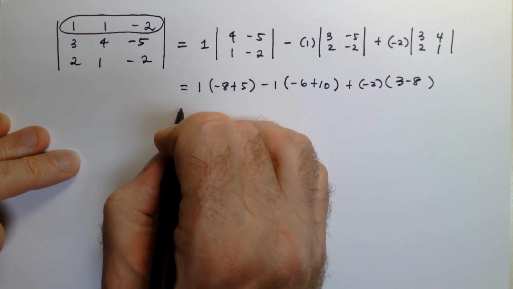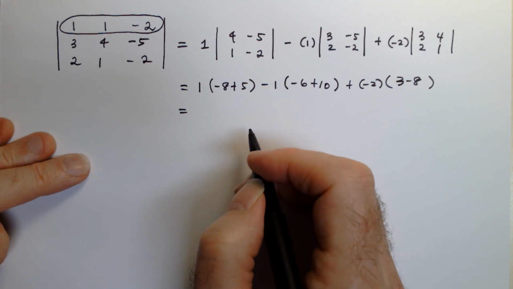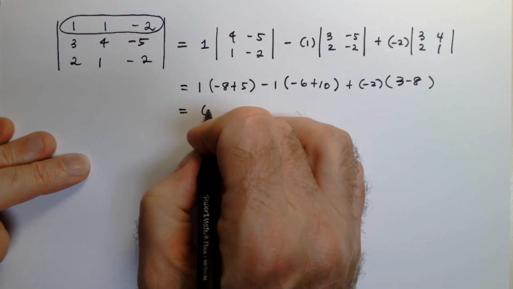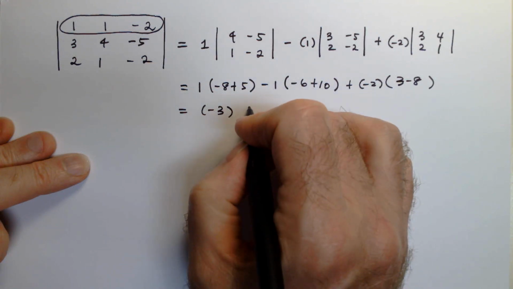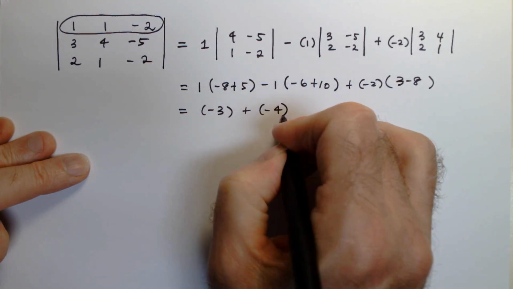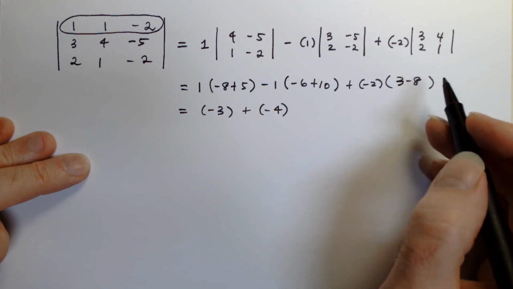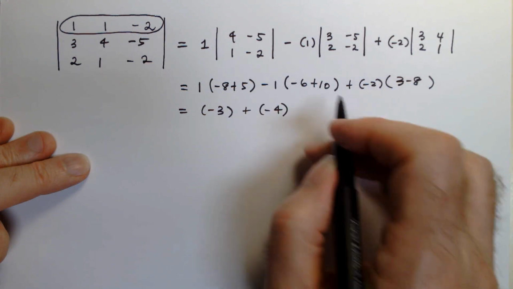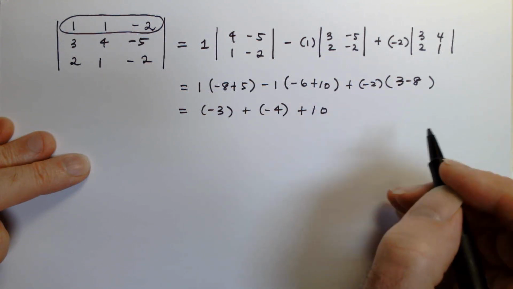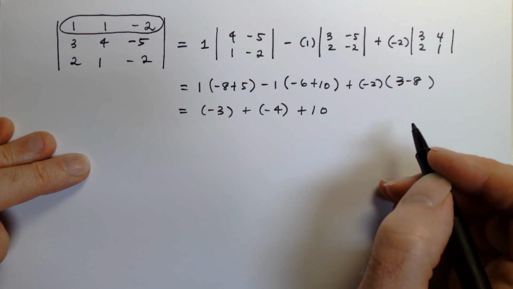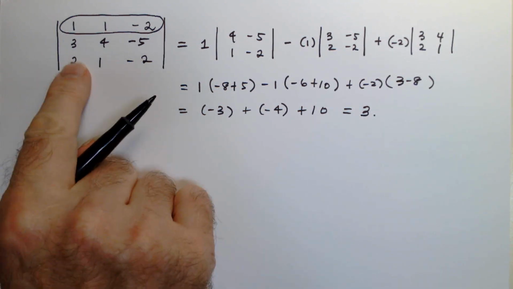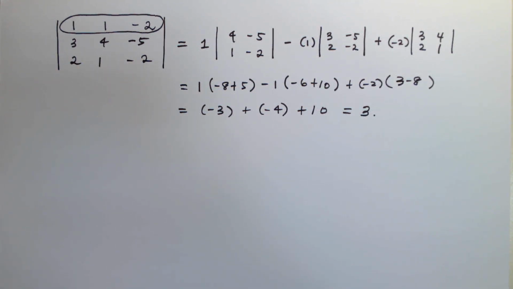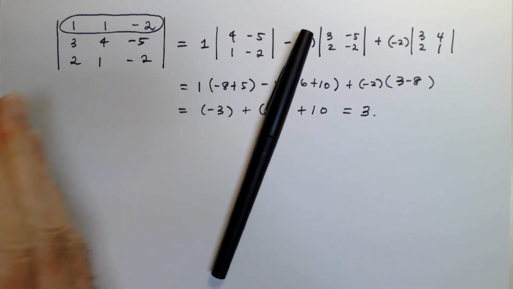Okay, now when we work these out, we'll have 1 times a -3, so -3. Then we're going to have 4 with a negative, so -4. And then finally, 3 minus 8 is -5 times -2 is plus 10. And so the net result is going to be 3. So the determinant of this matrix is 3. Now let's head back to the class notes and talk about this procedure in a little more detail.